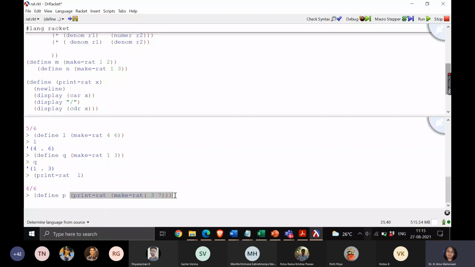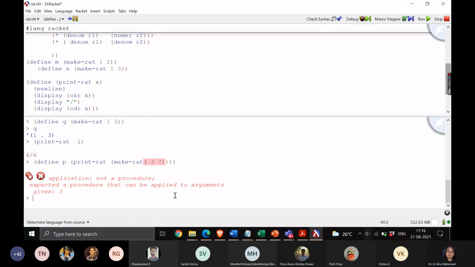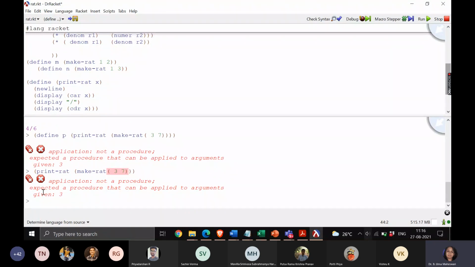More bracket. Okay, I just take this alone. Rat of make rat of 3 7 and the bracket. Expected procedure can be applied to arguments given 3.